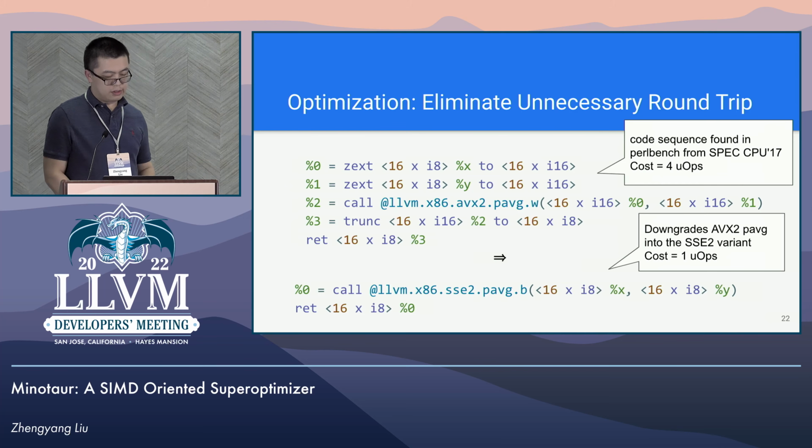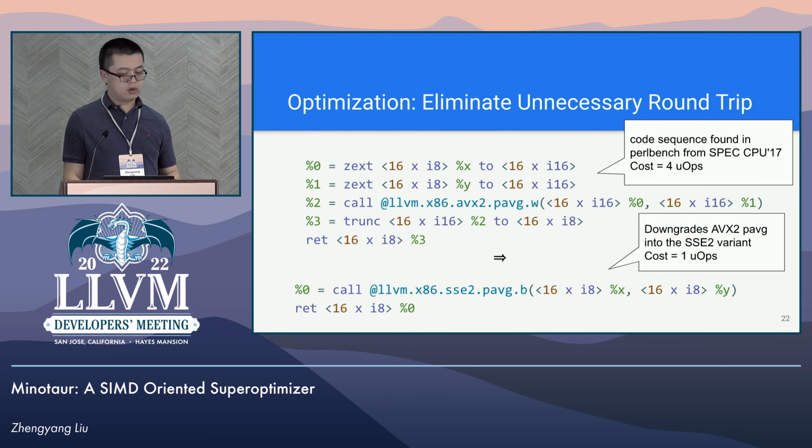So this example is found when we use Minotaur to optimize the Perlbench benchmark in the SPEC CPU 2017 benchmark suite. The left-hand side zero extends each lane in both vectors, and it calls the get average intrinsic on those two new vectors. Then it calls trunc to convert the result back from 16 bits to 8 bits.